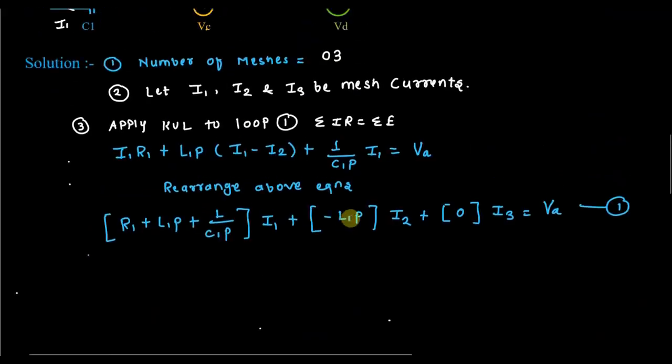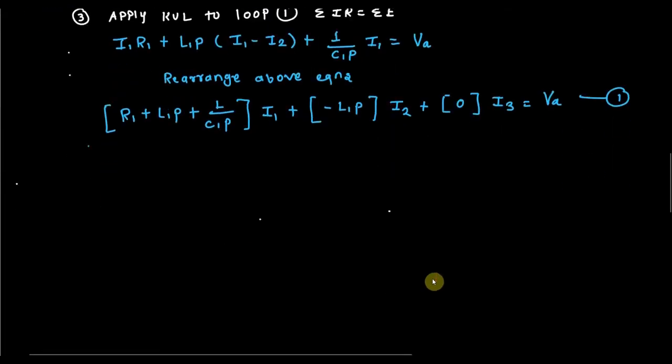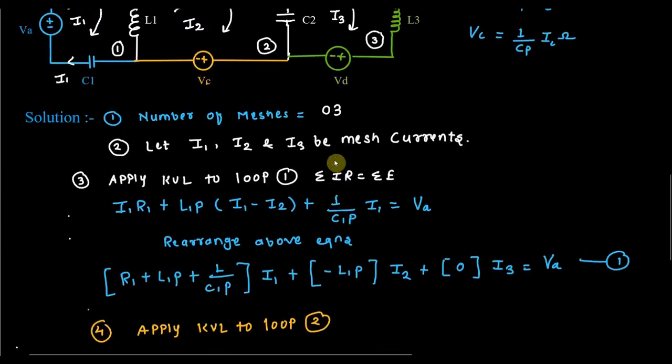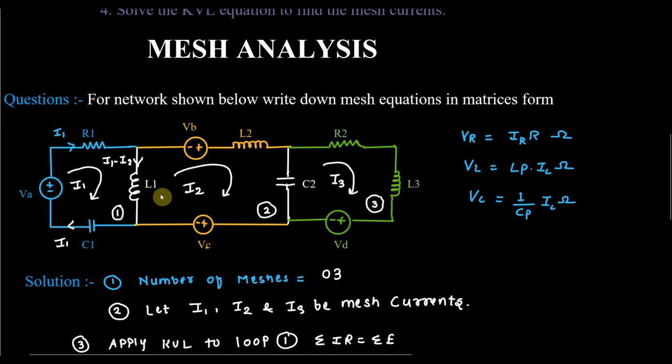Now we will see the second step. In the second step, we repeat step number 3: apply KVL to loop 2. Loop 2 has 3 elements: L1, L2 and C2.